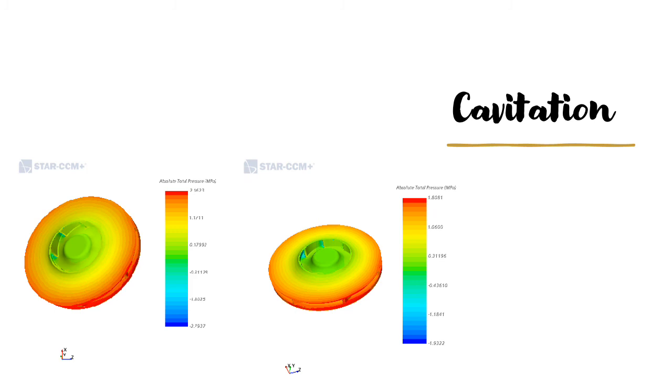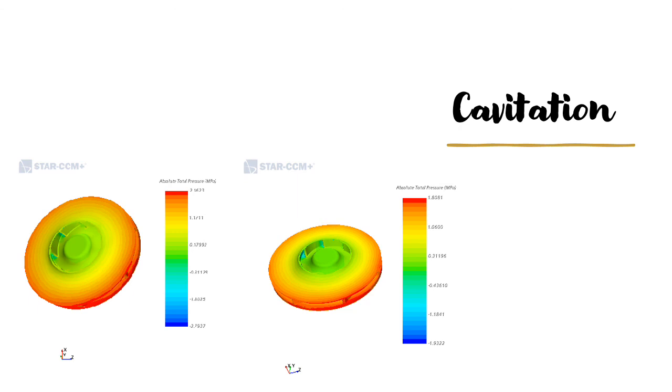The vapor pressure of mineral oil is approximately 0.6 MPa and for water is 1.8131 MPa at a temperature of 15 Celsius degrees. As it can be seen in figure 6, the range of pressure for mineral oil is between minus 1.932 MPa and 1.808 MPa, and for water is between minus 2.793 MPa and 2.162 MPa.